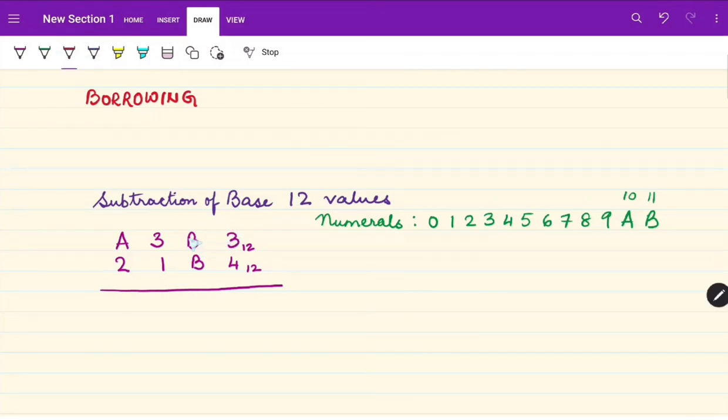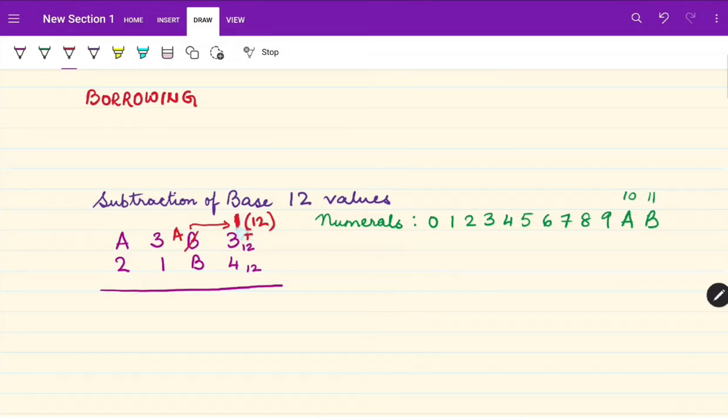I'm going to borrow 1 bundle of 12s is what I mean to say. And what happens when I borrowed 1 from the B, it becomes a 10, all right? So the B becomes an A at this point. But to complete the subtraction of this first column, you take the 12 and you add it to 3.